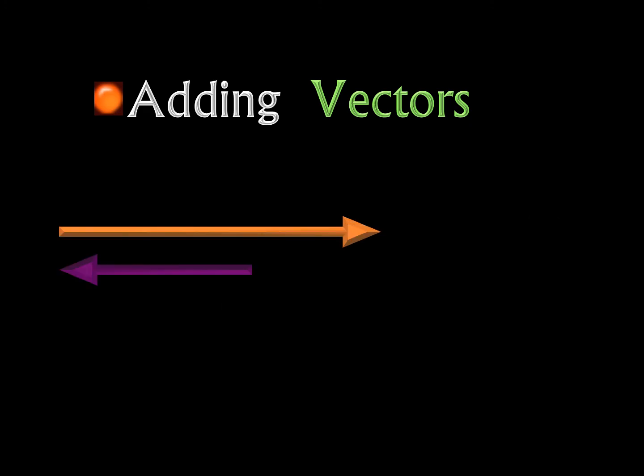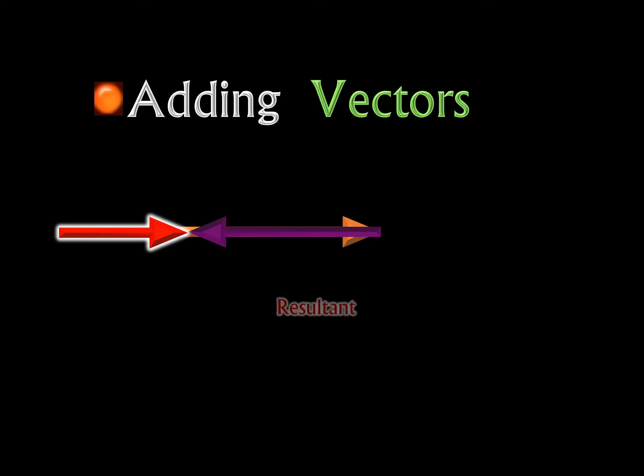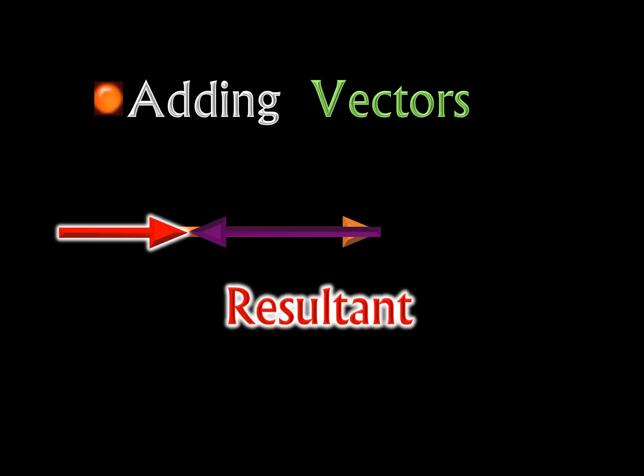If you want to add vectors that are going in opposite directions, the same thing goes. You can still add them, and the resultant would be from the tail of one vector to the head of the other, the tip of the arrow. Just like this. So for example, if you went 5 meters to the right and then 3 meters to the left.